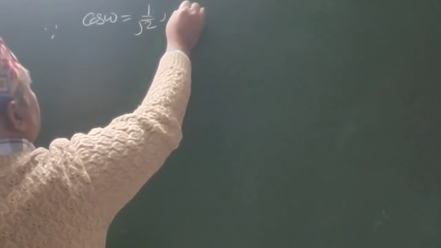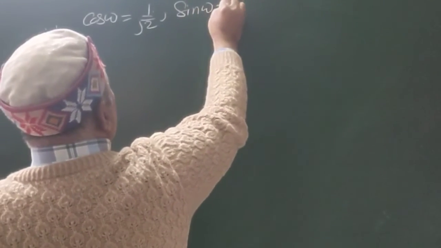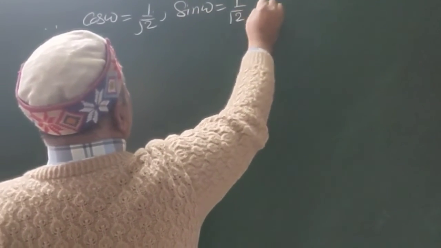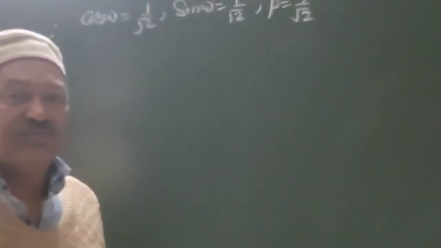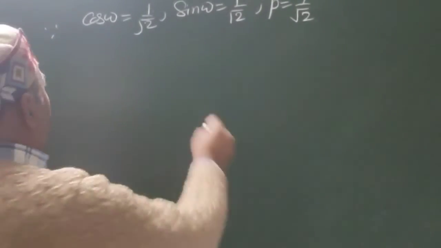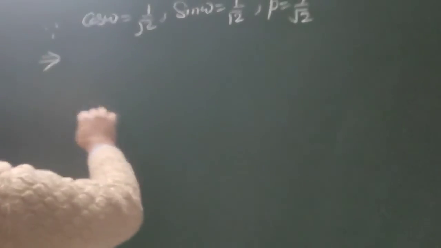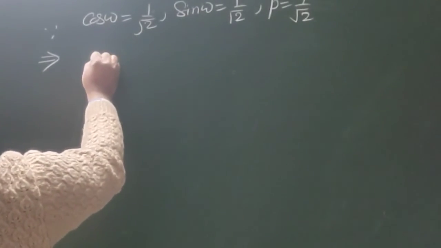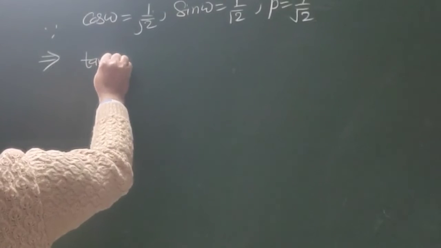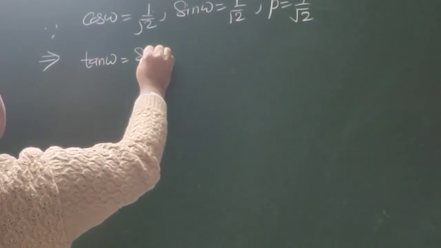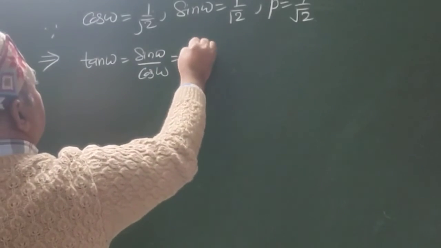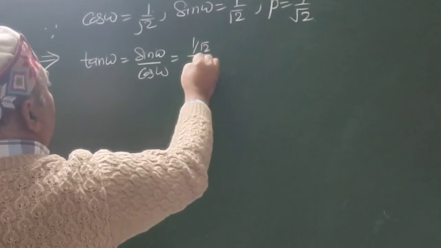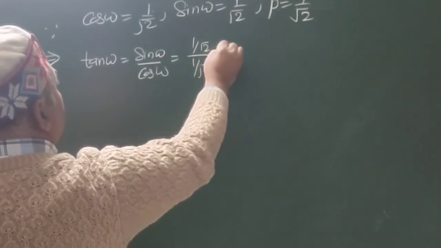Now cos omega is equal to 1 by root 2 and sin omega is also 1 by root 2 and p is equal to 1 by root 2. Dividing sin omega by cos omega, tan omega is equal to sin omega upon cos omega, that is 1 upon root 2 upon 1 upon root 2, that is 1.